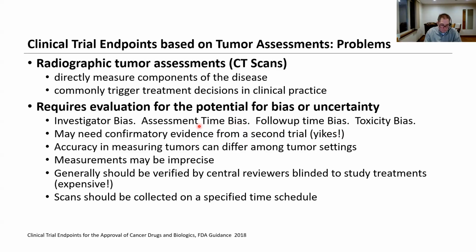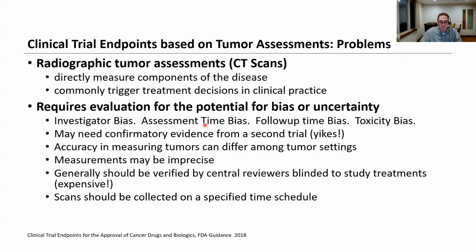So you can imagine if the scan interval on the experimental arm was longer than the scan interval on the control arm. In that case, the patient might progress at the same time on either arm, but it's measured later on the experimental arm than it was on the control arm, and that makes the progression time on the experimental arm look artificially longer, for example, right?